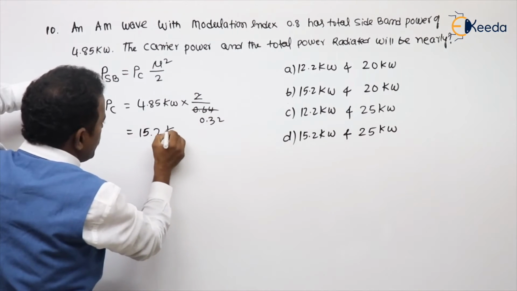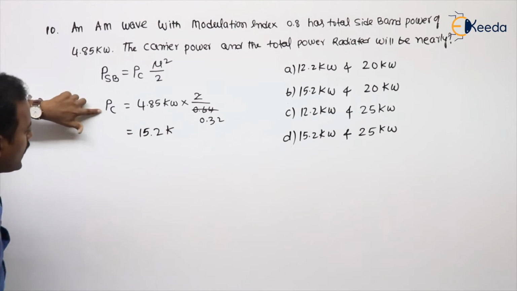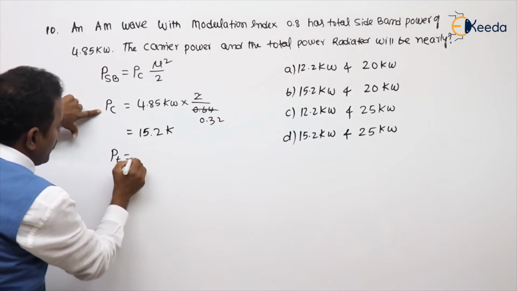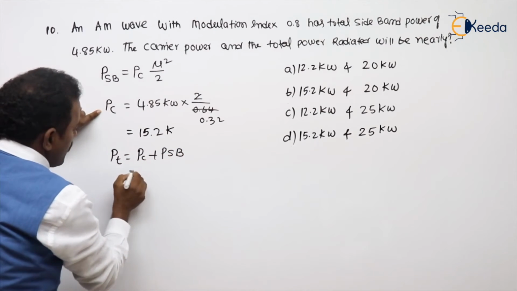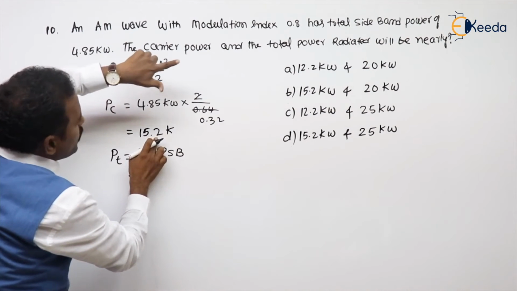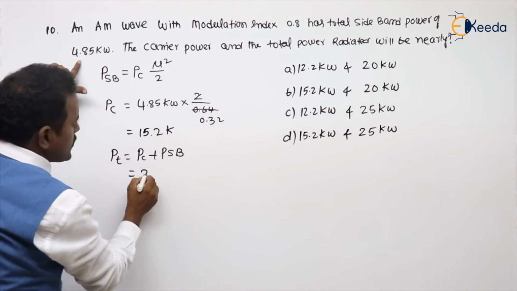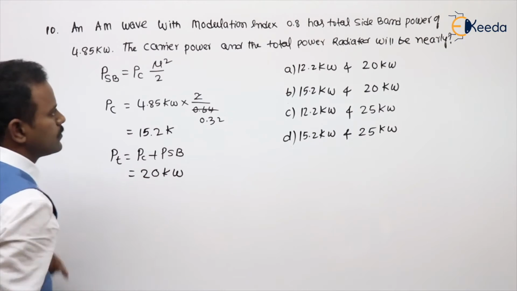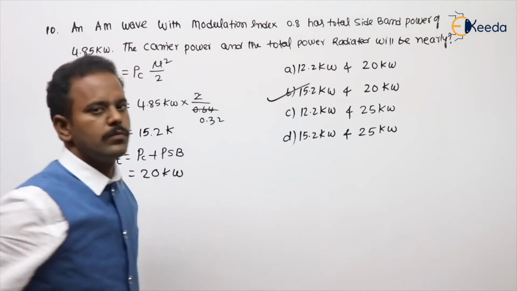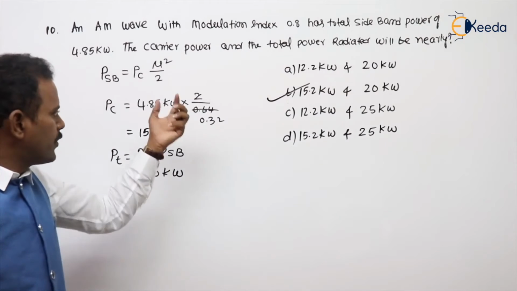Obviously 15.2 kilowatt. If we get the carrier power, what is the total power PT? PC plus PSB. 15.2 plus 4.8, obviously 20. See how simply we solved without the calculator.